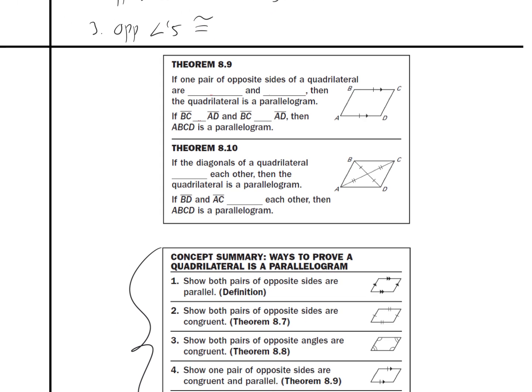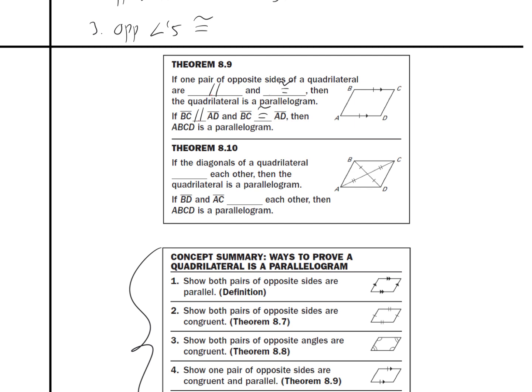All right, so some theorems here. If one pair of opposite sides of a quadrilateral are parallel and congruent, then it's a parallelogram. So if BC and AD are parallel and congruent, then it's a parallelogram.